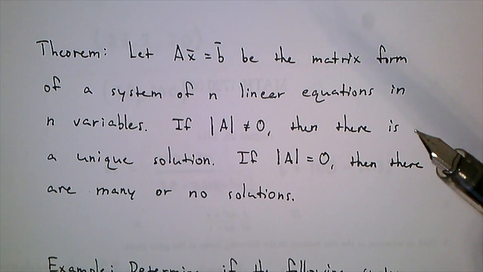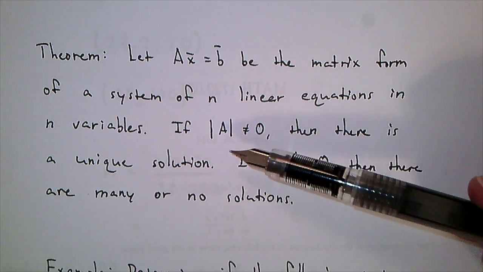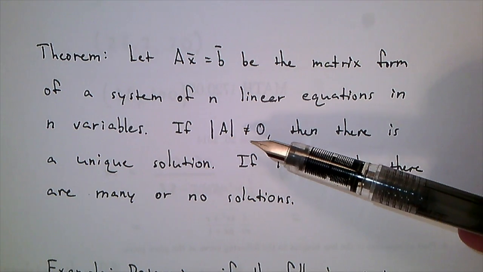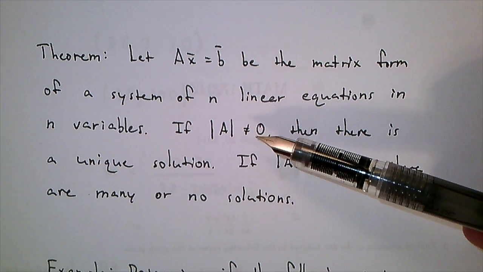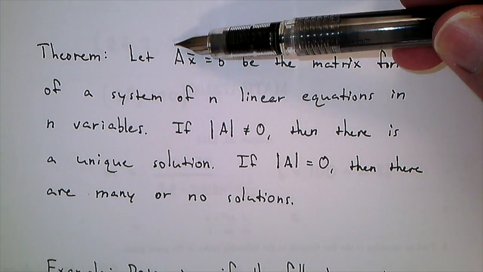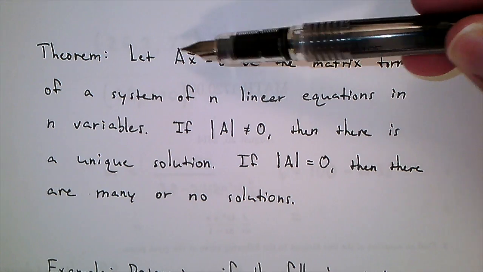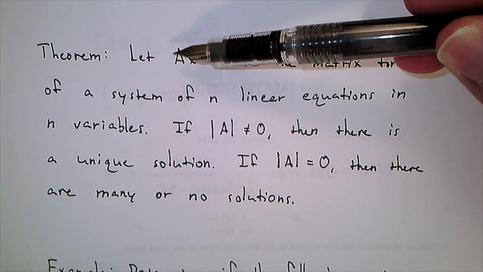I didn't write out a formal proof of this one, but we can discuss quickly how this works. If the determinant of A is not 0, that means A has an inverse matrix. So we could go up to this equation, Ax equals B, and multiply on the left, on both sides, by A inverse.